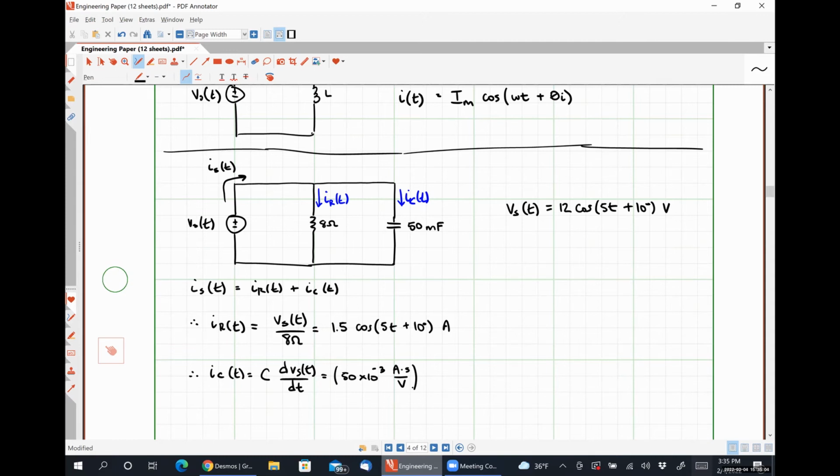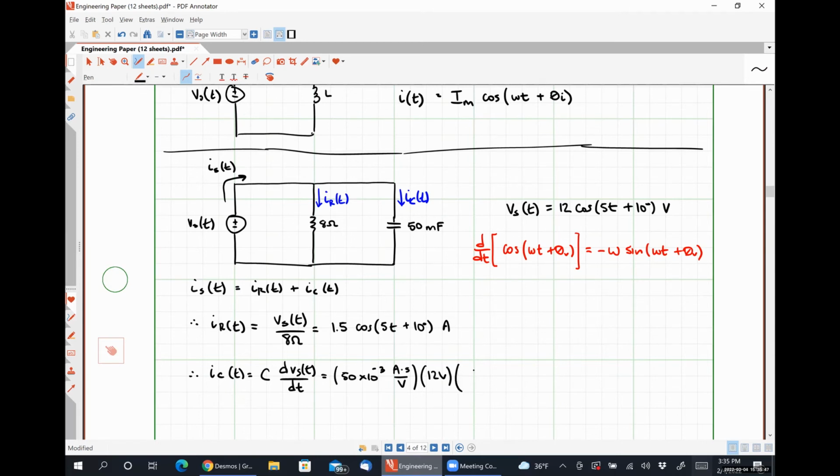We're going to walk through it in steps here, just so that we're clear with everybody. So generally speaking, the derivative of cosine(omega t + theta v), or just some phase angle, is going to be negative omega sine(omega t plus that same phase angle). So I'm going to take my 12 volts out.